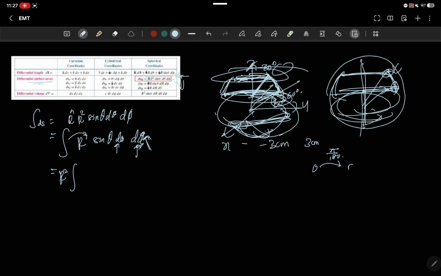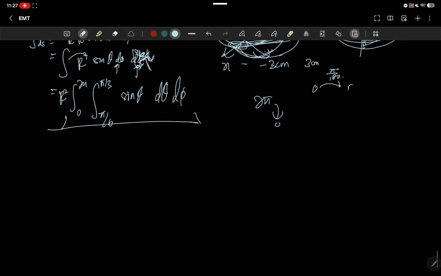So 360 degrees is equivalent to 2 pi, and the lower limit is 0. Then for theta we already finished, so we just write it. Now for the other angle, 30 to 60 degrees, so 60 degrees is pi over 3, 30 degrees is pi over 6. The remaining part is sine theta, and this is the equation that needs to be solved now.